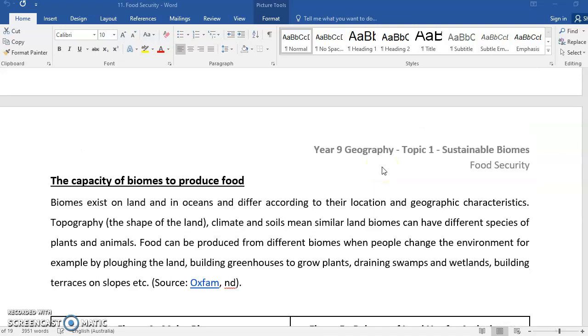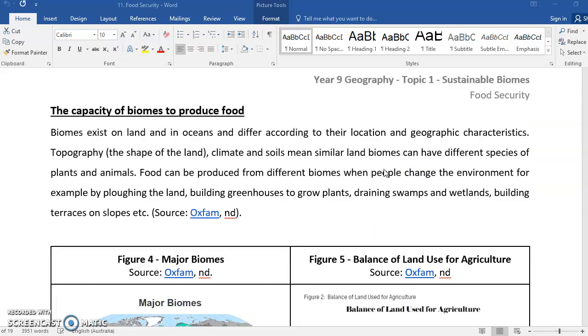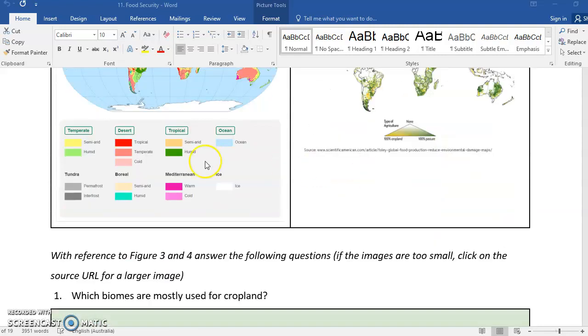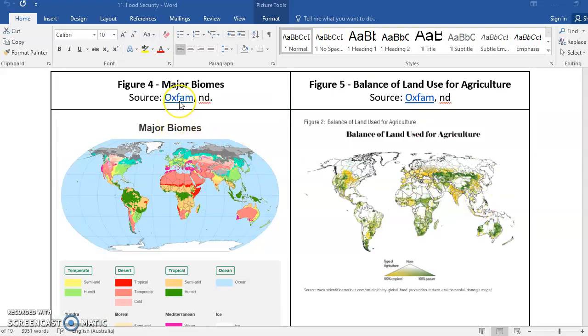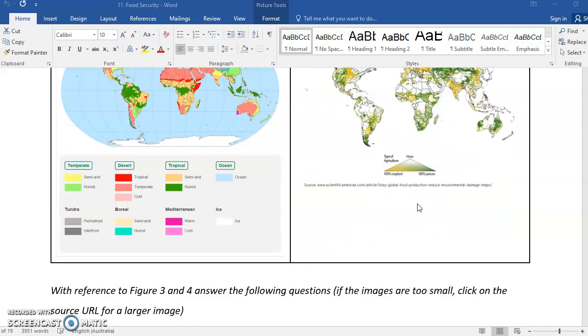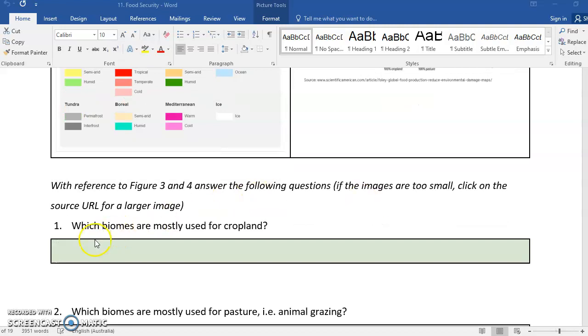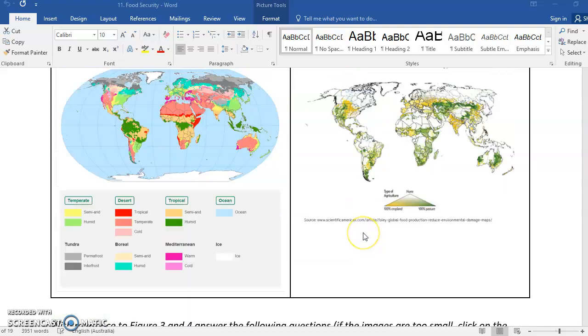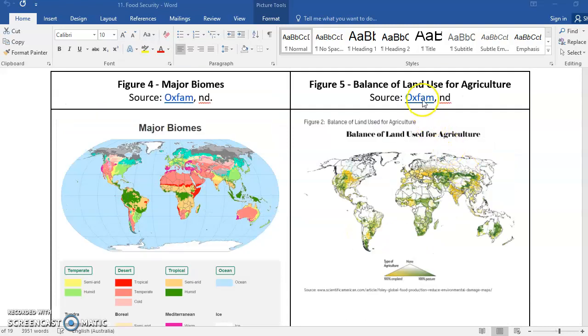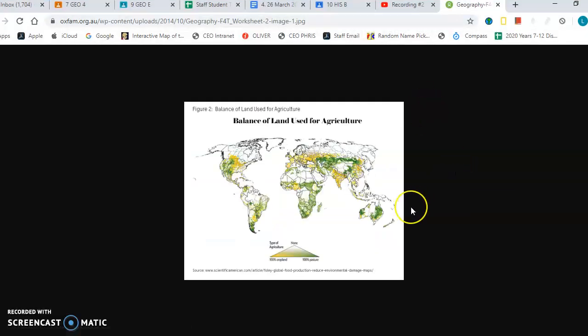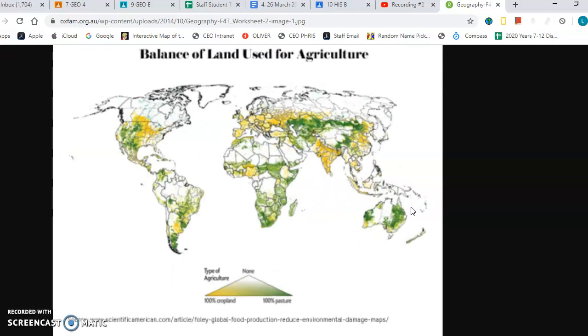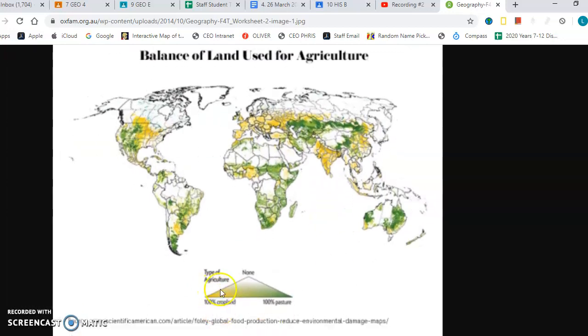Now, if you go over to page number 7, you've got a couple of activities using graphs. Please keep in mind, if you click on the links, you can see a bigger version of these images. It says which biomes are mostly used for cropland. If you have a bigger look at this link and zoom in, you could see that cropland are those countries coloured in yellow.